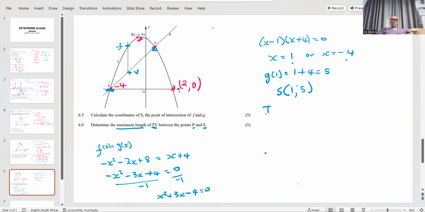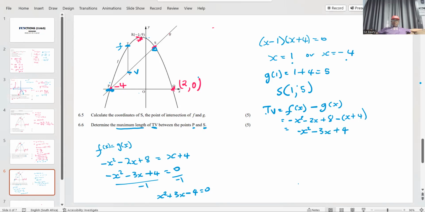So it means that for TV, I must say f of x minus g of x. So I have negative x squared minus 2x plus 8 minus (x plus 4), which gives me negative x squared minus 3x plus 4.